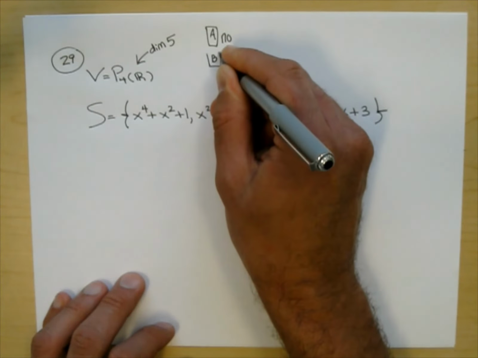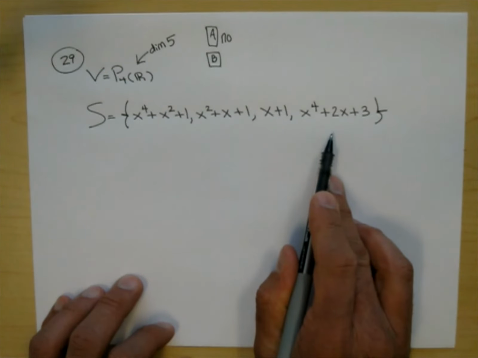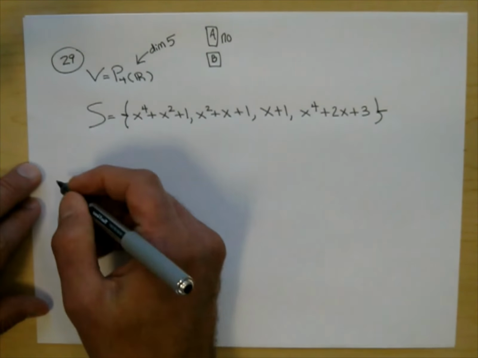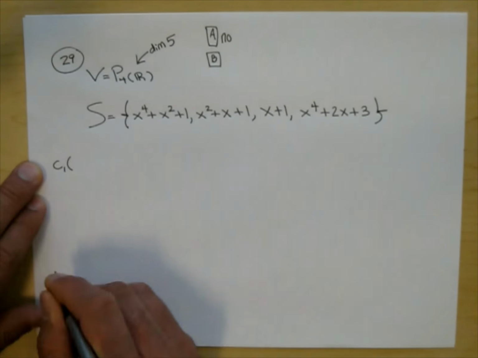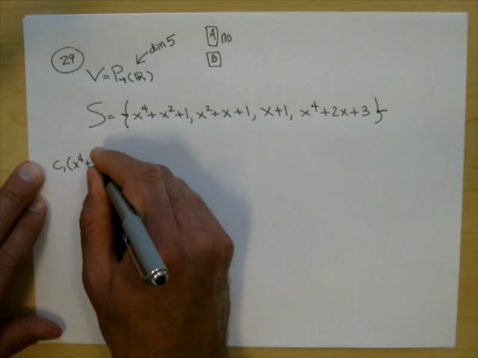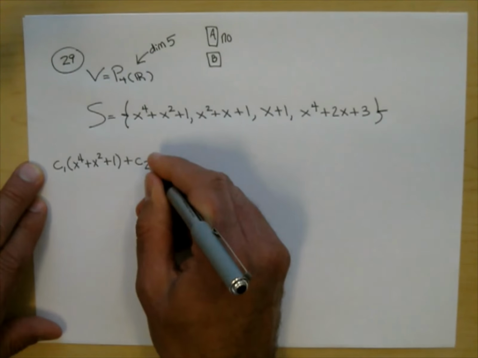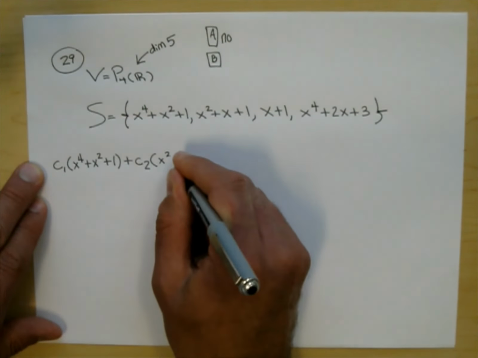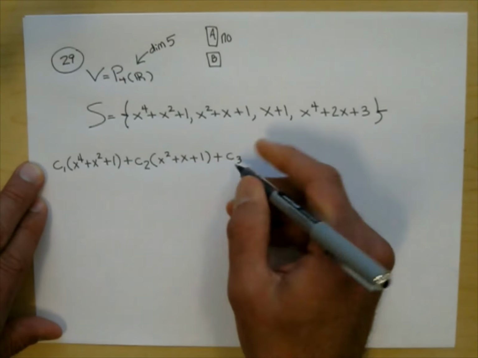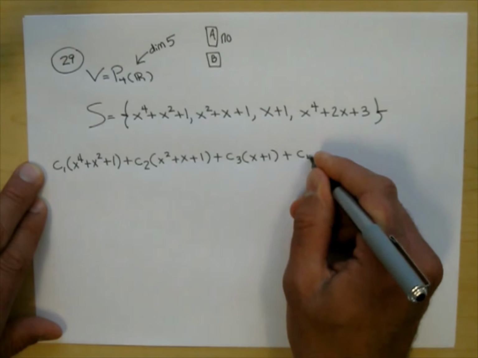Part B. Are these vectors independent or dependent? Well, just by looking at them, we don't know. So I'm going to do what I did on the last problem, where I set up all linear combinations of them. So C1 times the first one, plus C2 times the second one, plus C3 times the third one, plus C4 times the fourth one.